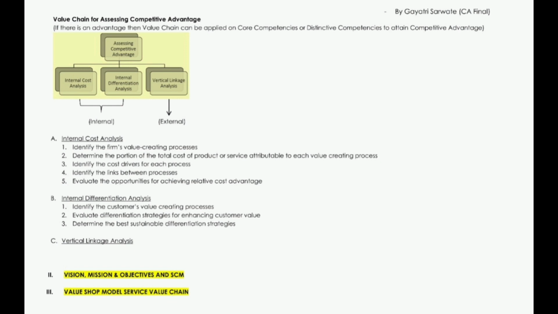And as we know that the value chain analysis had Porter's model, so in this value shop, the model has the same support activities, but the primary activities are described differently because the basic aim and the reason why this exists is for services and is to solve customer problems rather than creating value of input output of raw material.